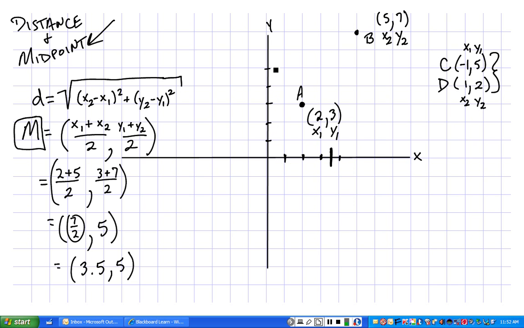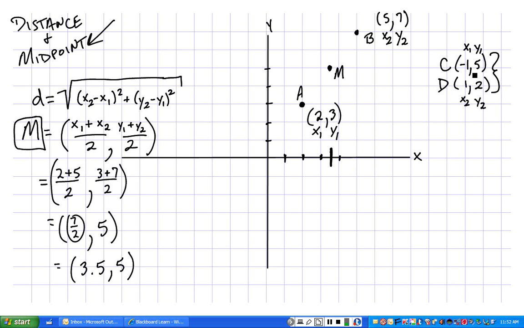So right there. So we're looking at a point that will roughly be right here. So this point, and I'll make it M, would be halfway between A to B. So A to M plus M to B would give you the distance of A to B. Alright, so M would be the midpoint of A to B.